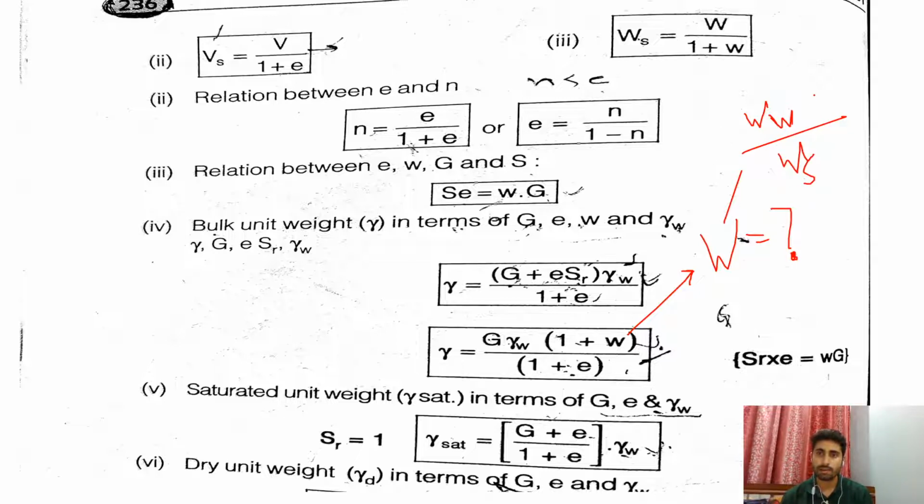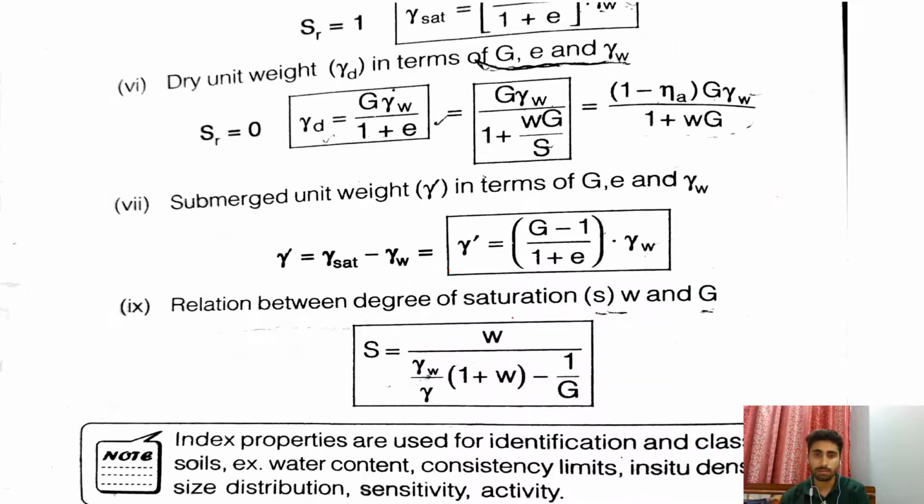For the dry soil condition, weight of water is 0. So water content for dry soil is 0, and if we place 0 here, 0 plus 1 is 1, and 1 multiplied by this unit, we will get only this portion. So here gamma dry is G into gamma W upon 1 plus e.